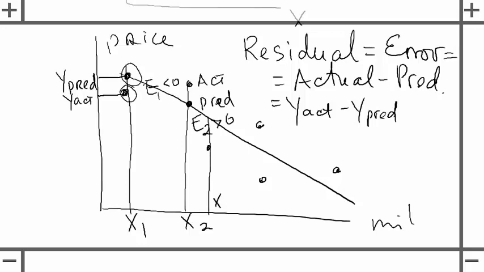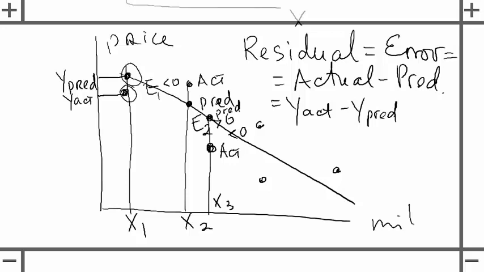Here is another one. This is car X3 miles on it. This is the actual, which is lower than what's on my line, and that is predicted again. So if I take lower actual minus higher predicted, the error is going to be negative again, less than 0. Some errors are positive, some are negative, and that's what a good model will do.